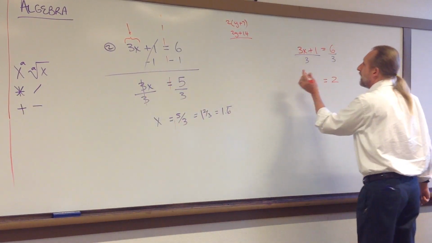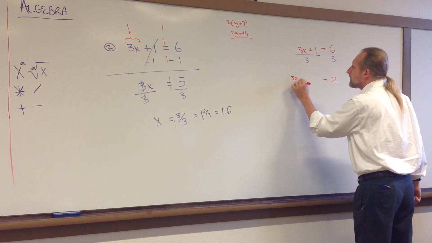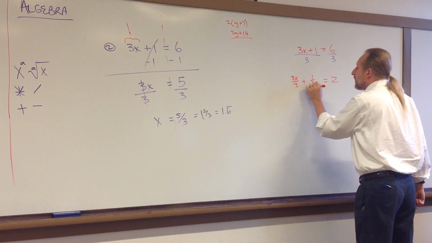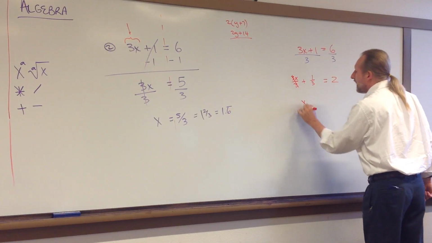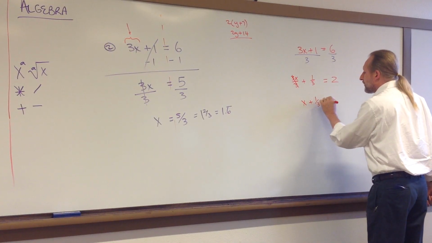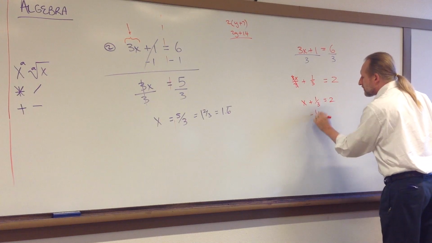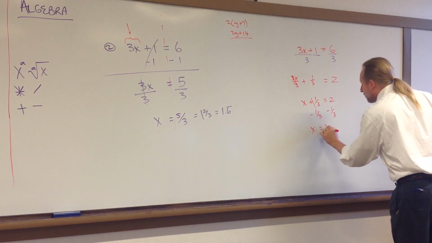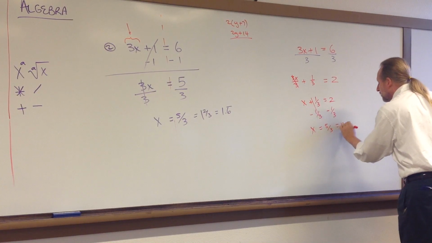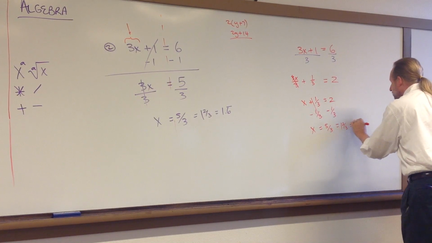And so that's what's going to happen here. We're going to get 3x over 3 plus 1 over 3. Okay? So here, these cancel out. But now we've got x plus 1/3 equals 2. Subtract 1/3 on both sides. And there's your 5/3, 1 2/3, or 1.6 repeating.